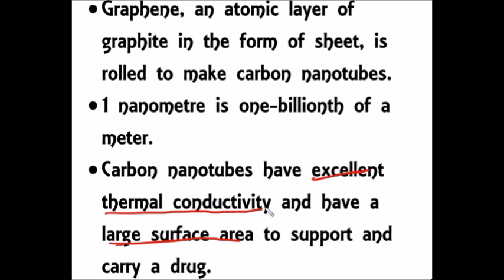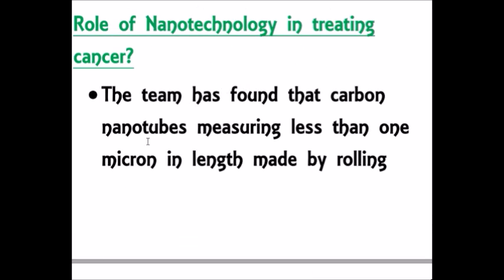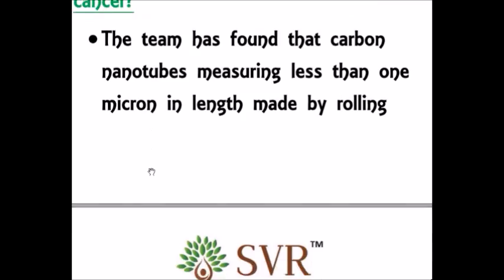Normal or adjoining cells do not absorb the carbon nanotube chemical and will not get affected. Already we discussed in detail the role of carbon nanotubes, or simply you can say nanotechnology, in treating cancer.